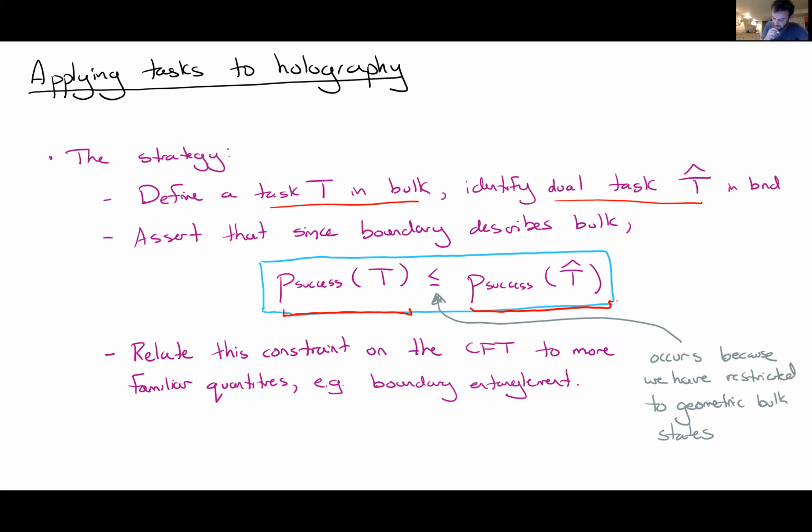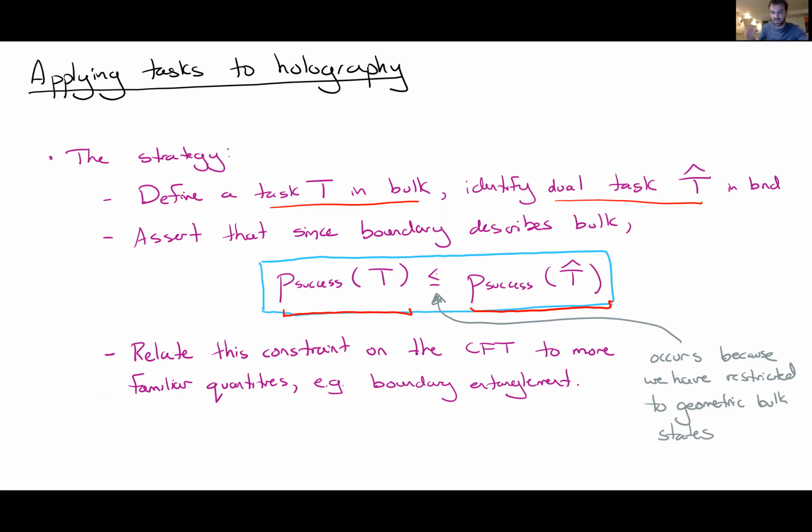The way to think about this is just to say that if I can think about some process that happens in the bulk that completes the task, then that process is also described in the boundary description, and so also completes the task, and thus I get this inequality. It's an inequality, not an equality, because I want to think about the bulk low energy effective description.